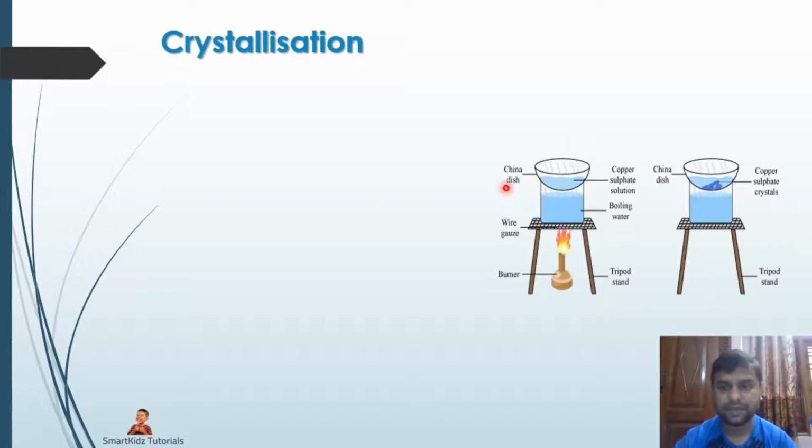Okay, the figure that you can see over here is the one that is mentioned in your textbook. It's about copper sulfate solution. Okay, and that copper sulfate solution is in this vessel over here. This vessel is placed on another cylinder, and that cylinder is in direct contact with this burner over here.